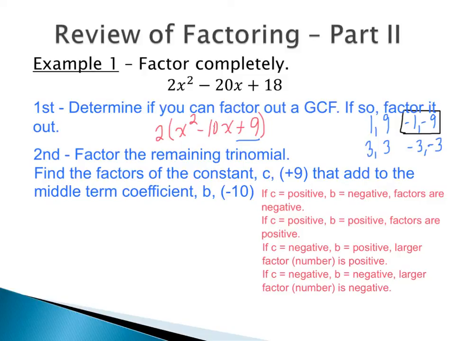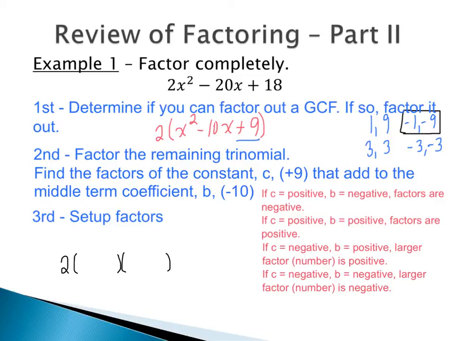So once we find the pair that works, so in our case are negative 9 and negative 1, because negative 1 times negative 9 gives you a positive 9, but negative 1 plus negative 9 gives you a negative 10, then we can set up our factors. So our 2 is going to stay on the outside, and then our x squared is going to get broken down into x times x.